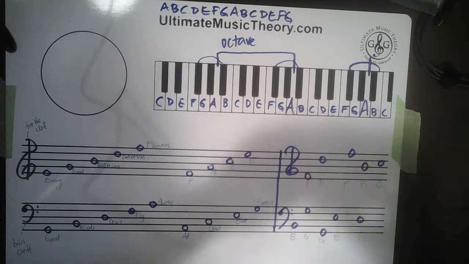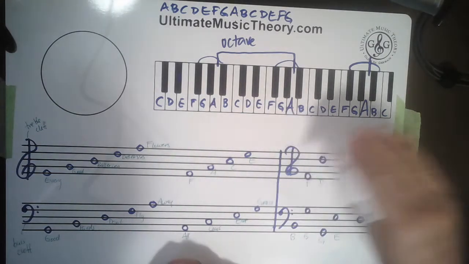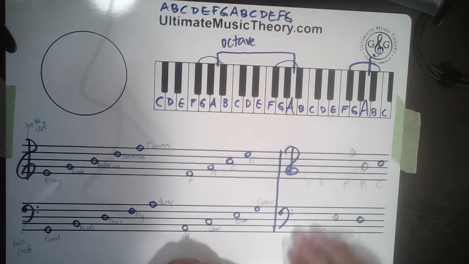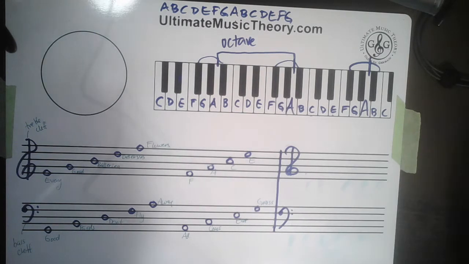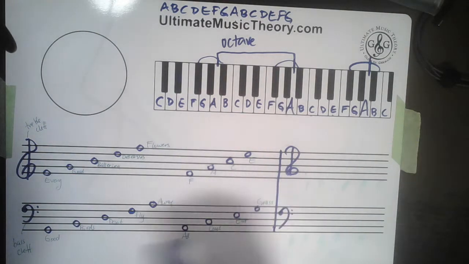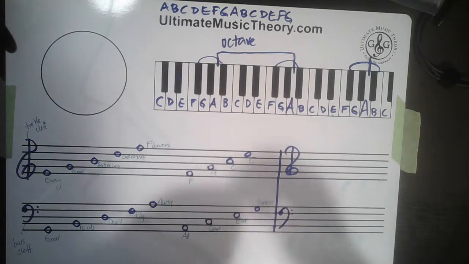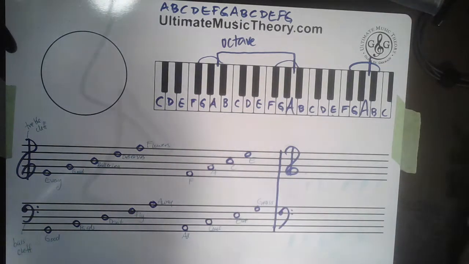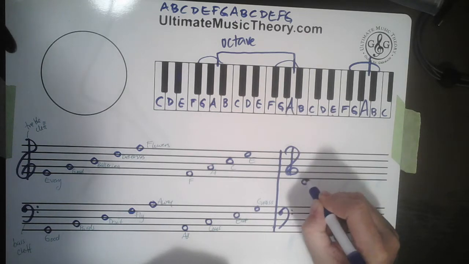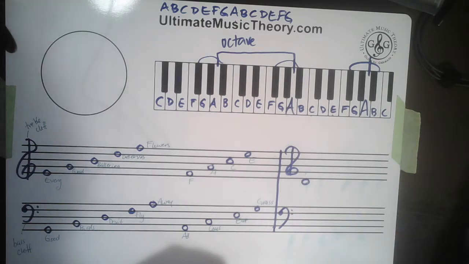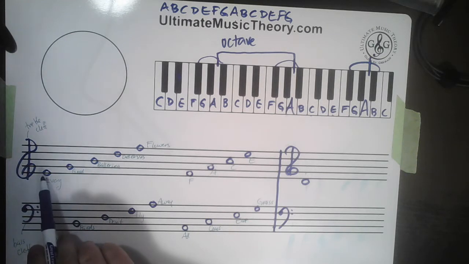Now, we have to take this to the next level. Because, of course, we have notes in music that don't fall on the line or the space. So, for example, this note right here falls below the line.